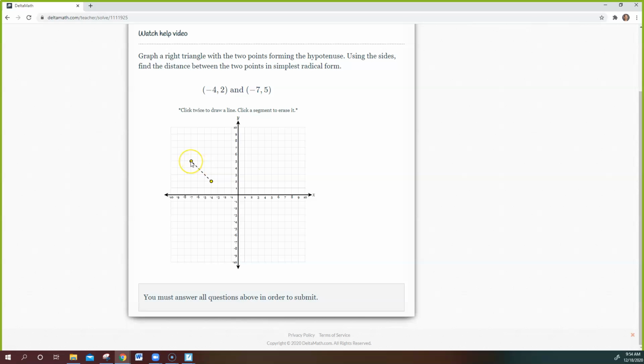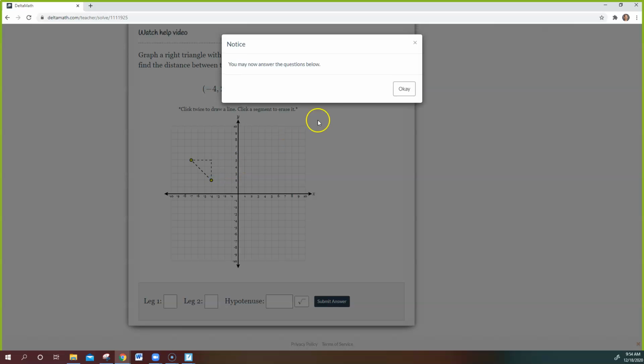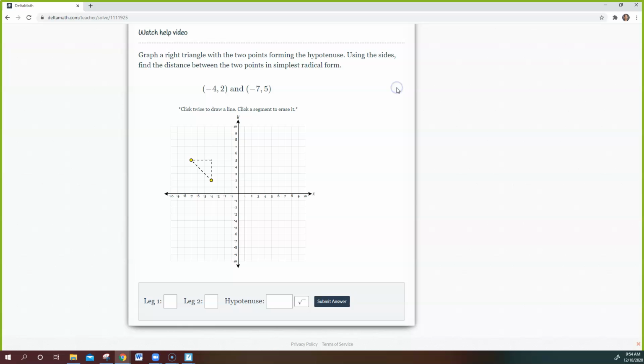So what we have to do is draw a triangle. I can draw it this way, or I can draw it up or down. It doesn't matter. But if I click on it once, that's going to activate the line. And then when I get it to where I want to go, I click on it again. And now I have to click again. So you have to form the right triangle, and then it says, now you may answer the question.